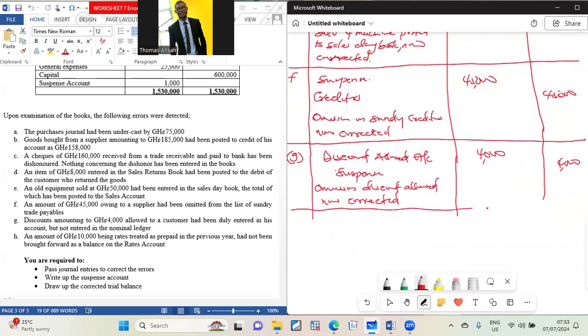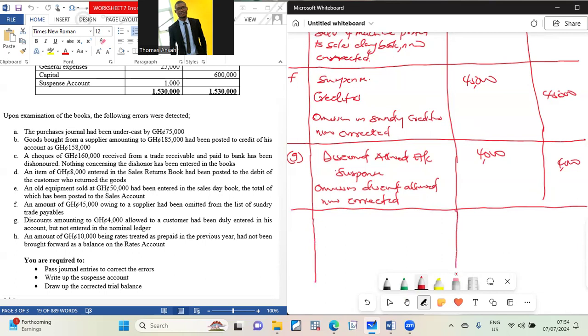Then the last one, which is H. For H, we have an amount of 10,000 treated as prepaid in the previous year that had not been brought forward in the balances as balance in the rates account. So why don't you bring it forward? Bring it forward.